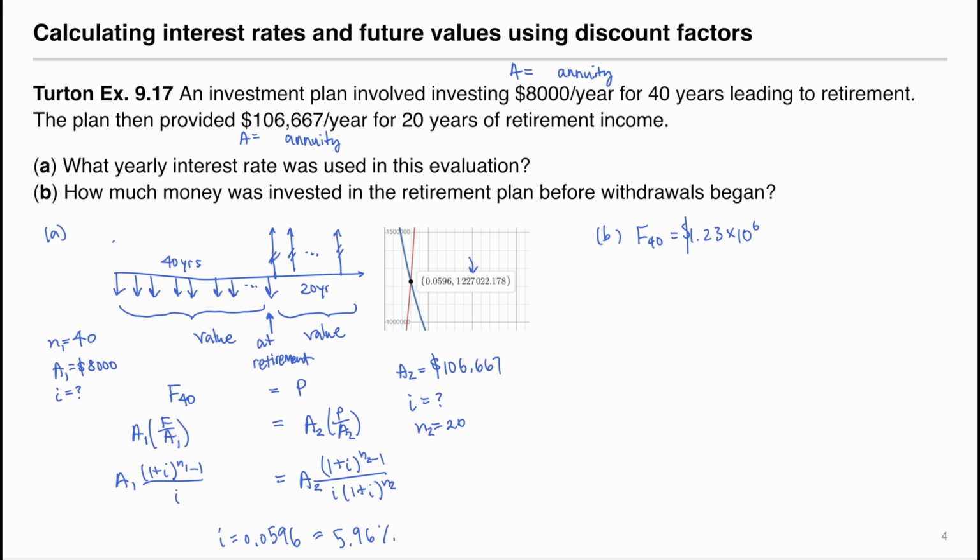Or we can verify using calculation where F40 equals A1 times 1 plus i to the n1 minus 1, divided by i, where A1 is equal to 8,000, i is what we just calculated, and n1 is 40 years. Then we substitute in the calculator, and we can find the same value, 1.3 times 10 to the 6.